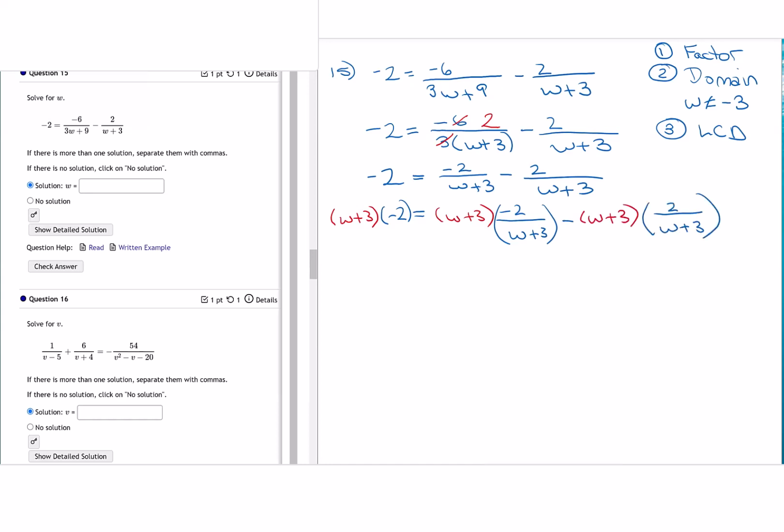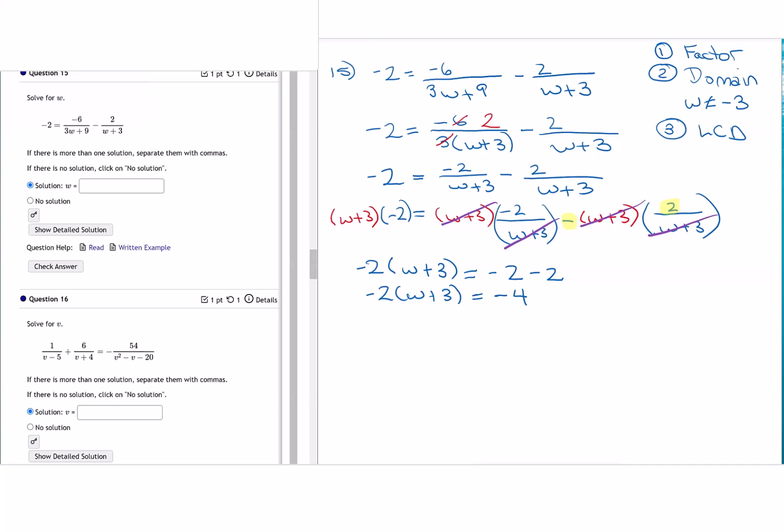All right, now I can cancel W plus 3 with W plus 3, and I end up with minus 2 times W plus 3 is equal to negative 2 minus 2. This is the minus 2 here. Minus 2 times W plus 3 equals negative 4.